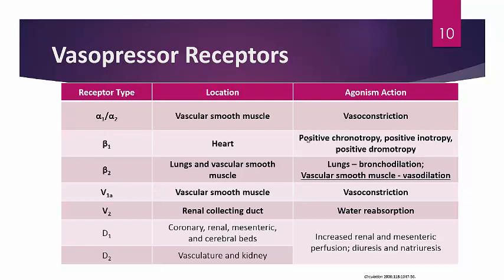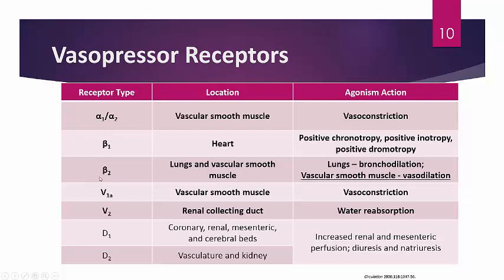Positive chronotropy means that your heart rate will increase. Positive inotropy will mean that your contractility, and therefore cardiac output, will increase. And positive dromotropy means that your conduction will increase. So that's what each of those terms means.